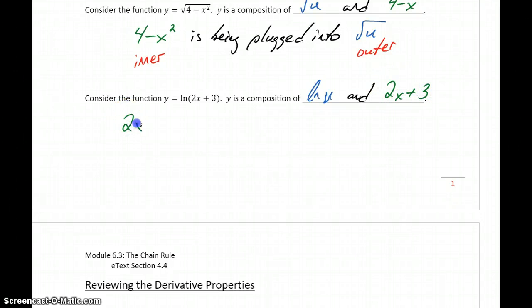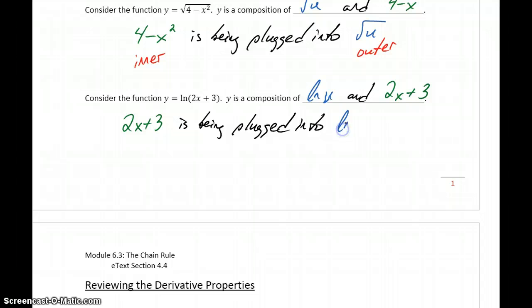So what we're saying is we have 2x plus 3 is being plugged into the natural log of u, which again means we can recognize our inner and outer functions.